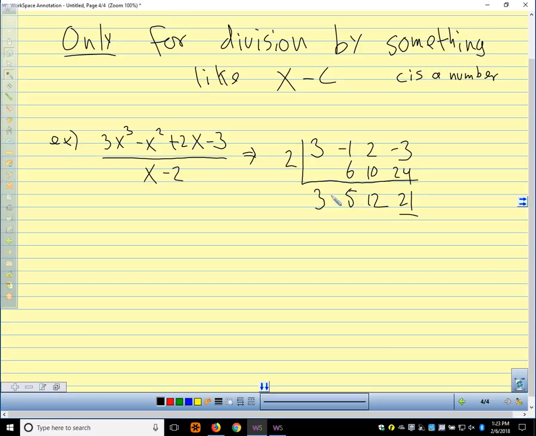Add those. 2 times 5 is 10. Add those. 2 times 12 is 24. Add those. And the fact that those signs are opposite is what allows us to add instead of subtract. This is our remainder.